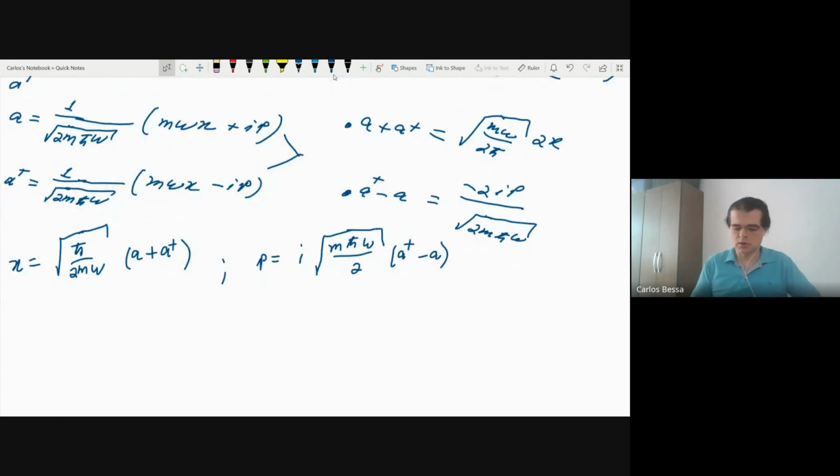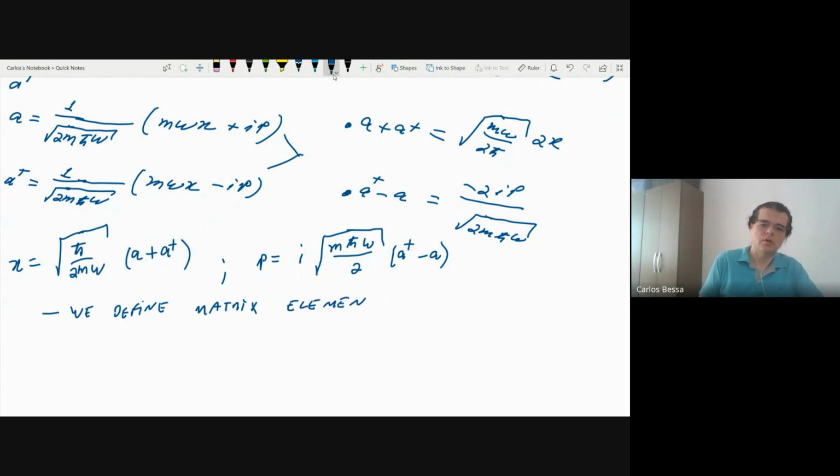And then we find the matrix for x and p. We define the matrix elements of x and p operators.